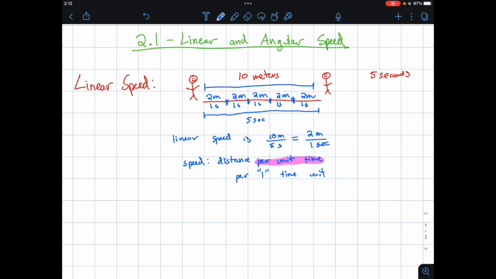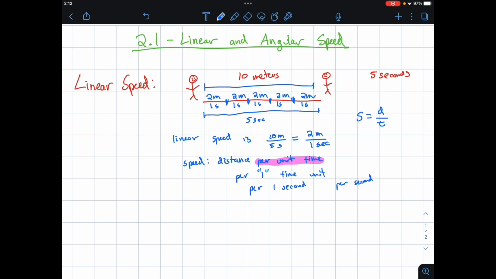So in our case, we're interested in seconds, so we want to know per 1 second, or per second, right? But if you have a car that goes at a speed of miles per hour, or kilometers per hour, or whatever, our unit time there would be 1 hour. So we typically like to express our linear speed as some distance over time, and we want our time to be per unit time, whatever time we choose to select.